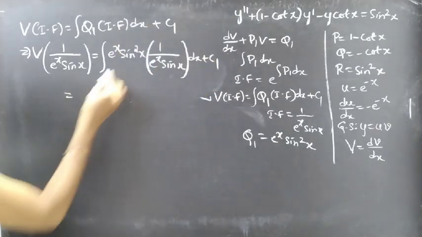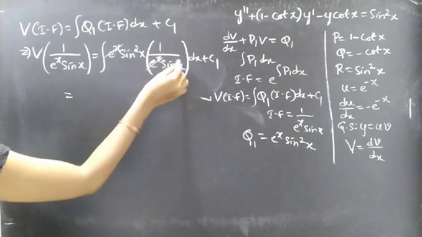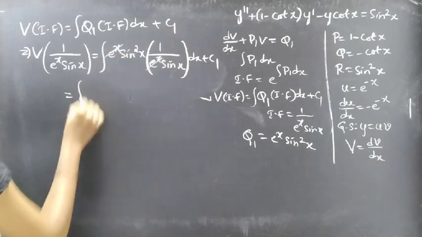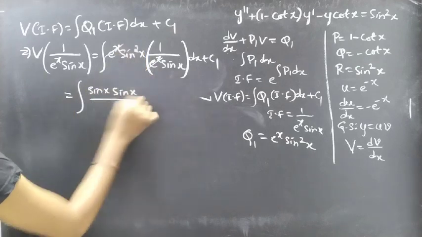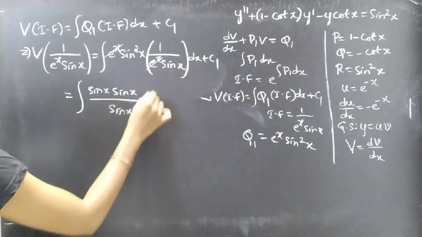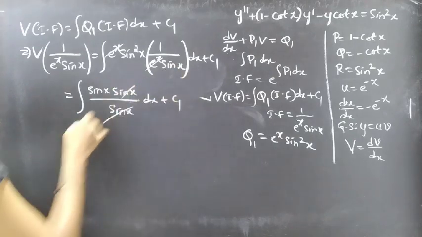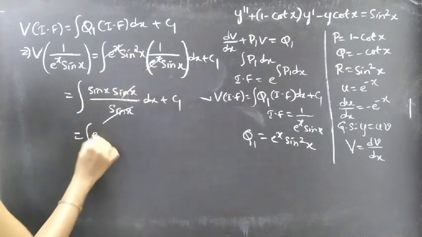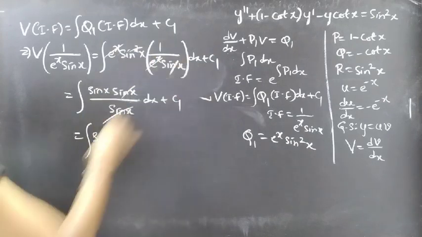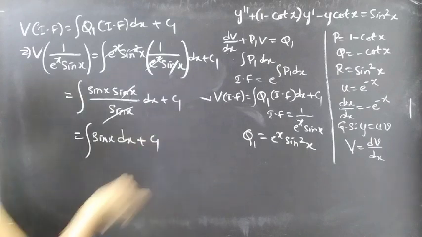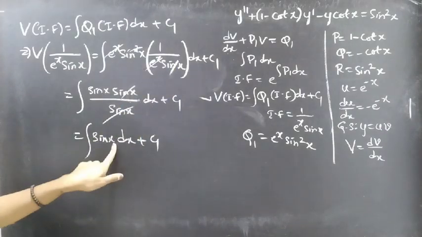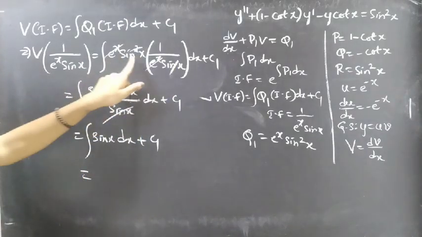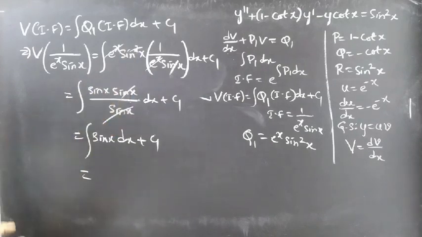Here e power x and one sin x get cancelled. You can write this directly, but otherwise we'll write sin square x as sin x into sin x for your convenience, in order to reduce the mistakes.